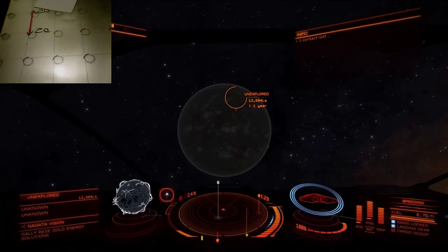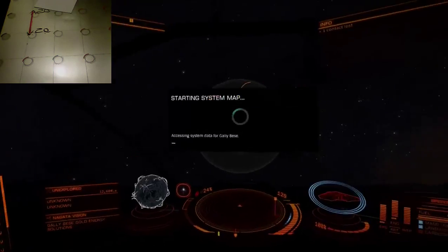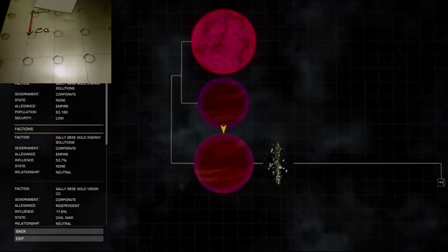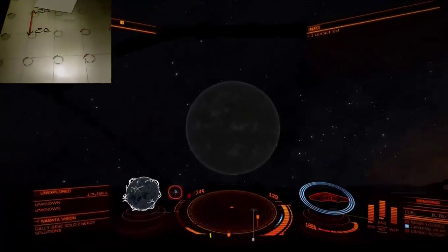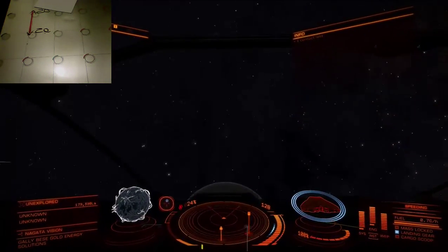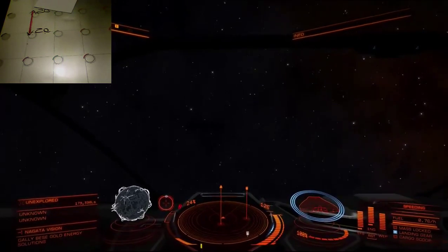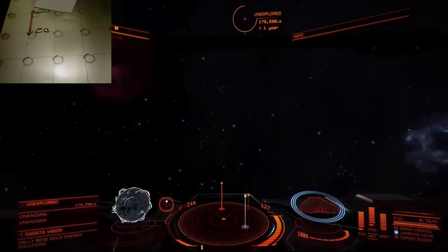It's the nearest star. In fact, if I pick a different target, this target for instance, that target is a little bit farther away, I believe. And I think that's the one we want to go for.